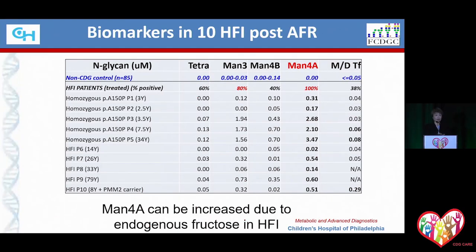After the grant was submitted, I was able to collect an additional 10 HFI patients post absolute fructose restriction, and all of them have elevated MAN4A. So I was able to convince Andrew that HFI indeed is a CDG, and hopefully we can welcome our HFI family to this big CDG family.